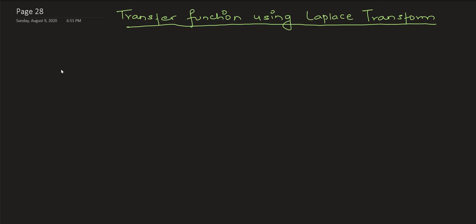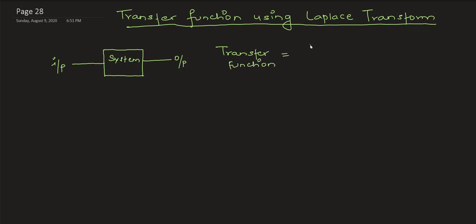Before we define this, let us see what a transfer function is. Your transfer function is given as the output to the input, or it is the equivalent of the gain of the system. But here we are computing the transfer function in terms of the Laplace transform.